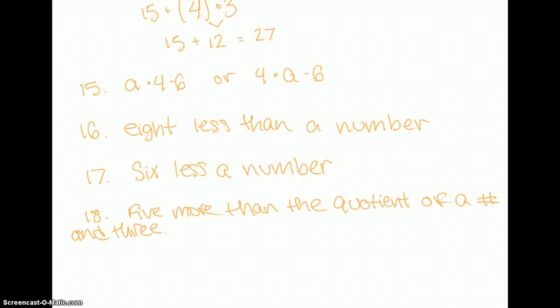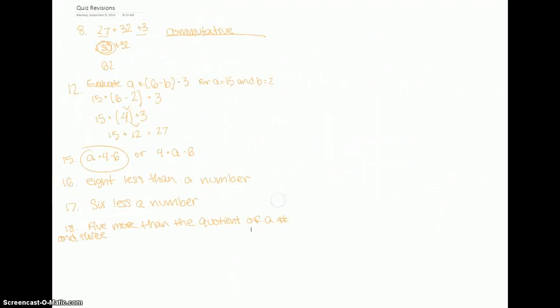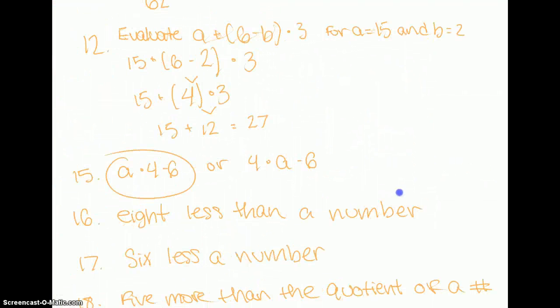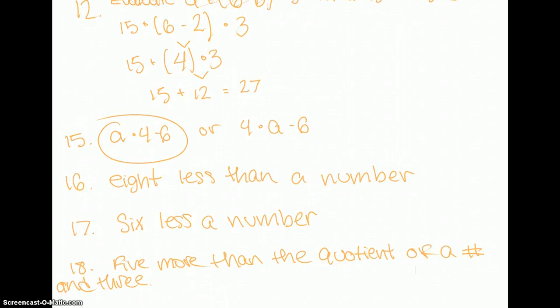The next problem I got wrong was problem number 15. The question was the product of 4 and a number decreased by 6. I wrote it out on the quiz like a times 4 minus 6, excuse me. But in reality, it is 4 times a minus 6.